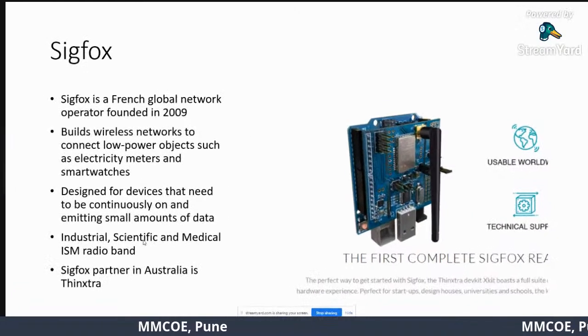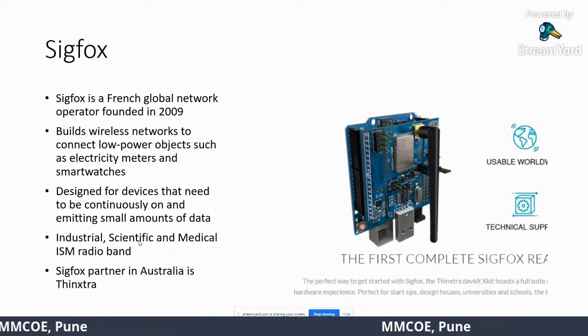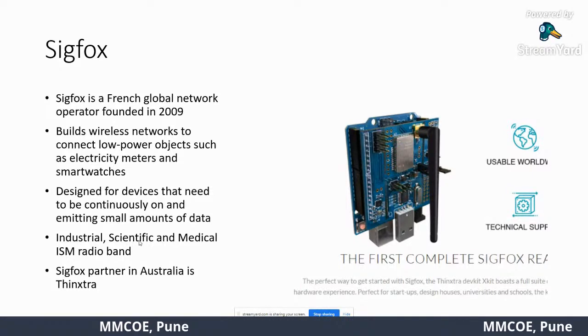And the objective of using this Sigfox as a low power wide area networking protocol was to use it for the devices that need to be continuously on and emitting a small amount of data. And you can see the most important applications covering Sigfox is utility, basically, right? So you can see electricity meters.